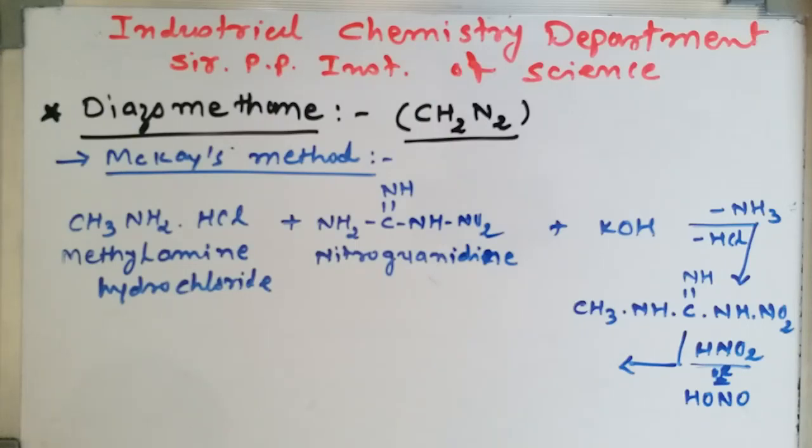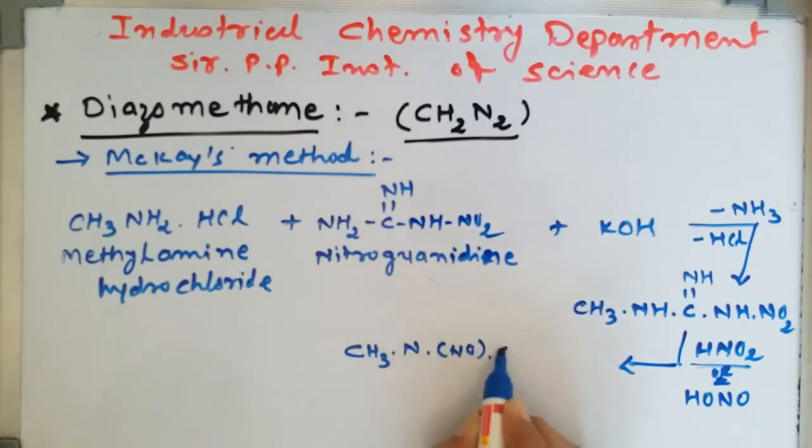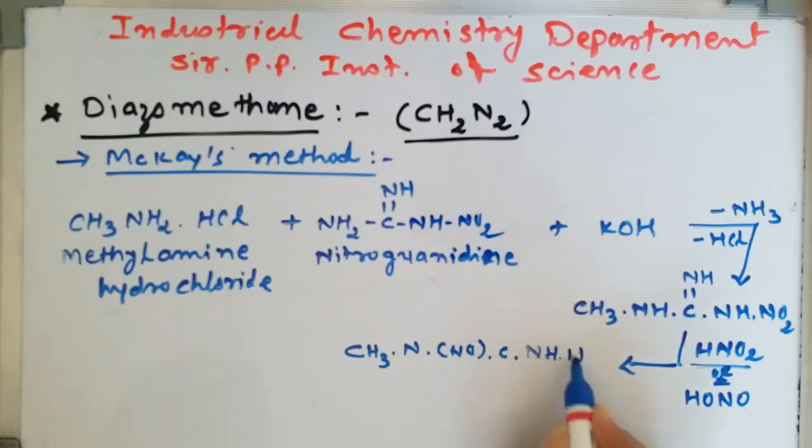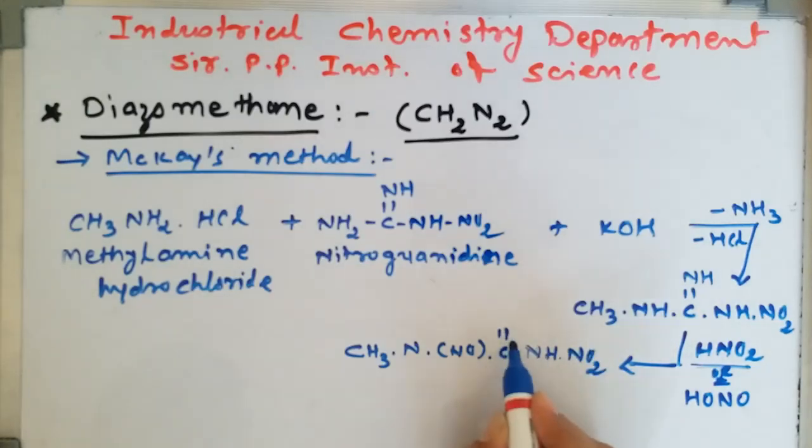This product treated with nitrous acid gives N-methyl N-nitroso N-nitroguanidine. I write down the structure: CH3, N, NO, C, NH, NHNO2.